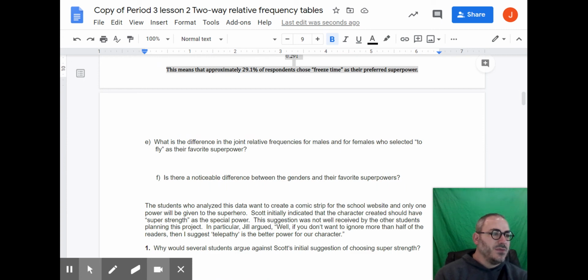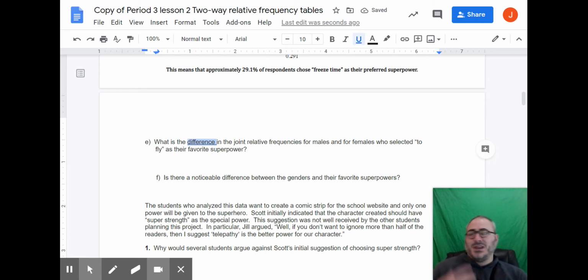And it says, what is the difference between these 2 numbers? Okay, so difference, when you see difference, I want you to think subtraction, all right? The difference between 10 and 9 is 1. The difference between 8 and 2 is 6, right? So I need to subtract these 2 numbers.